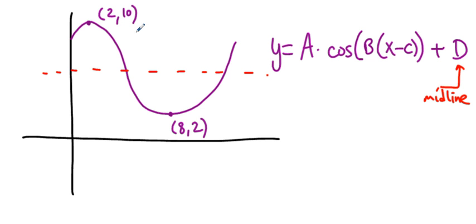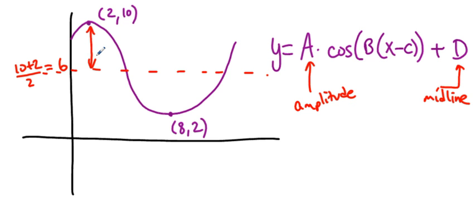It's going to be midway between those y values. 10 plus 2 over 2, that's 6. D is 6. The amplitude, that's A. Actually, A is the absolute value of the amplitude. The amplitude is the vertical distance between the max and the midline. So this is 10 minus 6, that's 4.